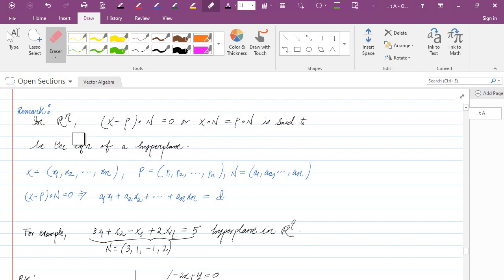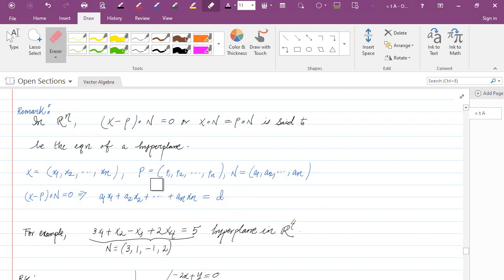So in R^n, x would be x1, x2, dot dot dot, xn. p would be a given point in n-space, so we're calling it p1, p2, pn. These are coordinates, and then capital N is a vector in dimension n, a1, a2, dot dot dot, an. Then this equation can be rewritten as a1 x1 plus a2 x2 plus dot dot dot plus an xn is equal to some constant d.